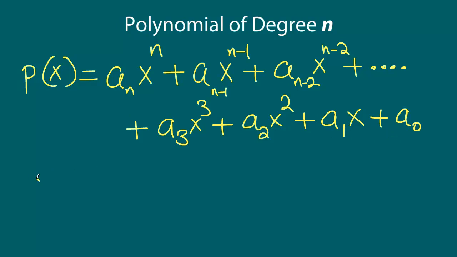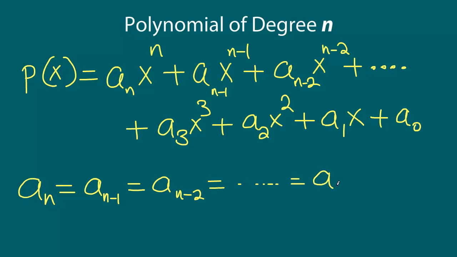Now imagine a special scenario where a n is equal to a n minus 1 is equal to a n minus 2, and all of these values, down to a3, a2, a1, are all equal to 0. So what happens then?